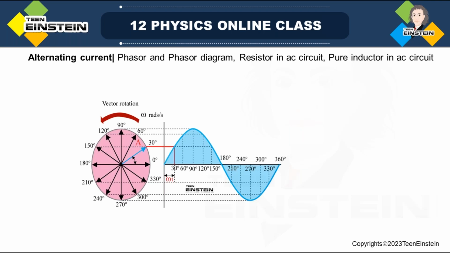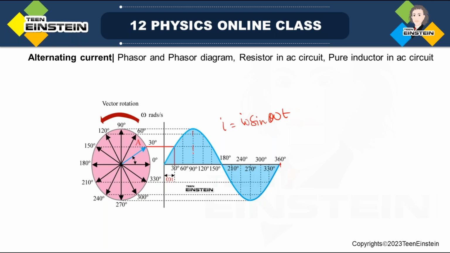So suppose you want to consider a full cycle. You can rotate the rotating vector by 30 degrees, 60, 90, 120, 150, like that. If you go up to 360, you can generate a full cycle of that AC signal. If it is current, you get I is equal to I0 sin omega t for a complete cycle.